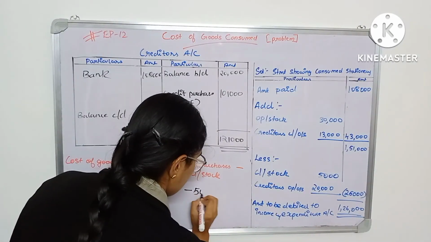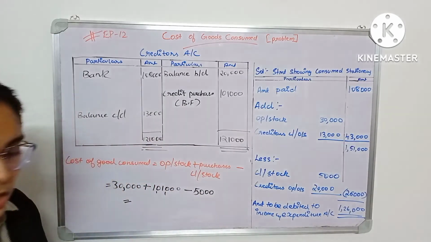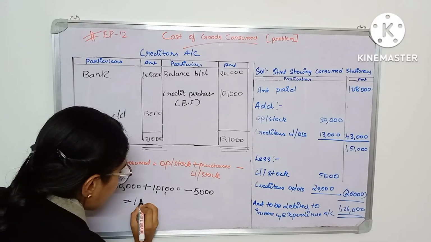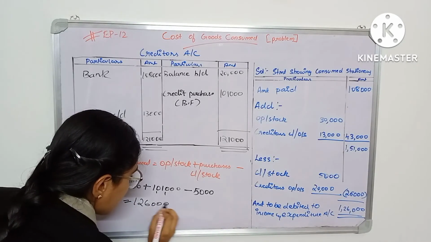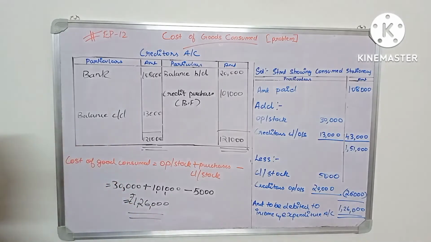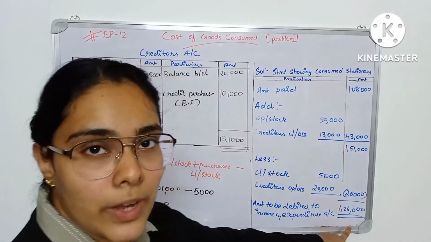So how much will you get? 1,01,000 plus 30,000 less 5,000. You will get 1,26,000 as the answer. Same, 1,26,000.